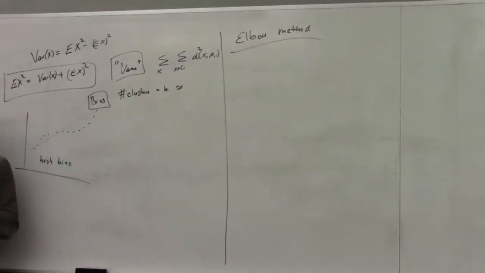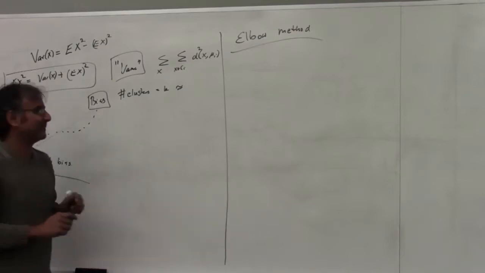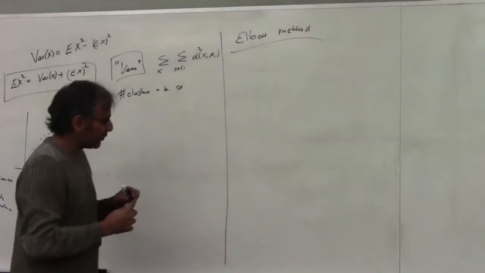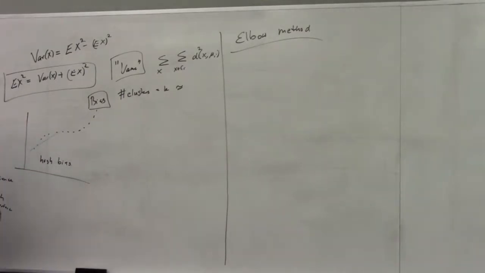So the elbow method is basically the following idea. I think it was a clever idea when it first came out, but it's an interesting hack.